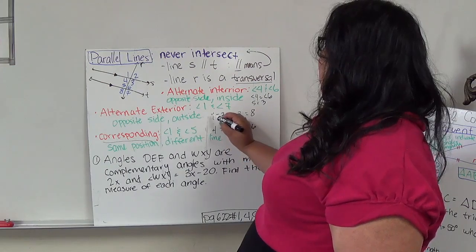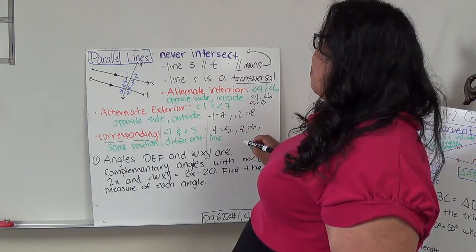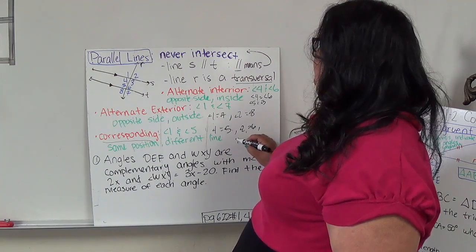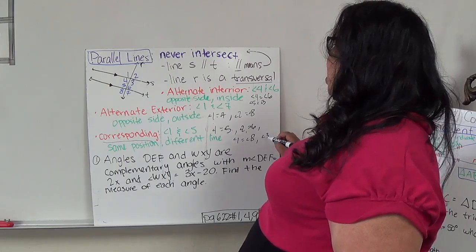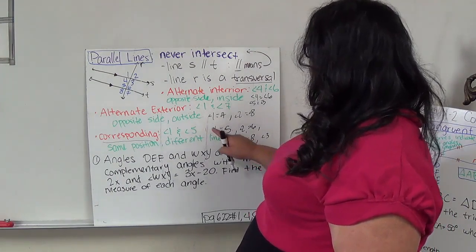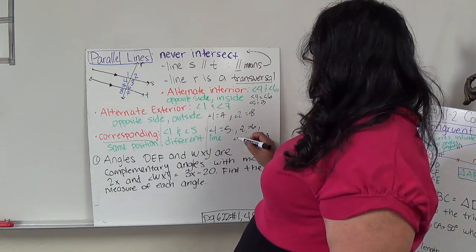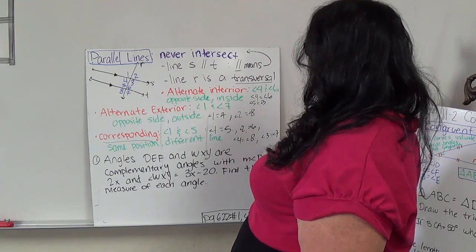These are supposed to be angles, by the way. Sorry if I'm messing you up. Angle 1 equals angle 8, and angle 4 equals angle 8, and angle 3 equals angle 7, right?